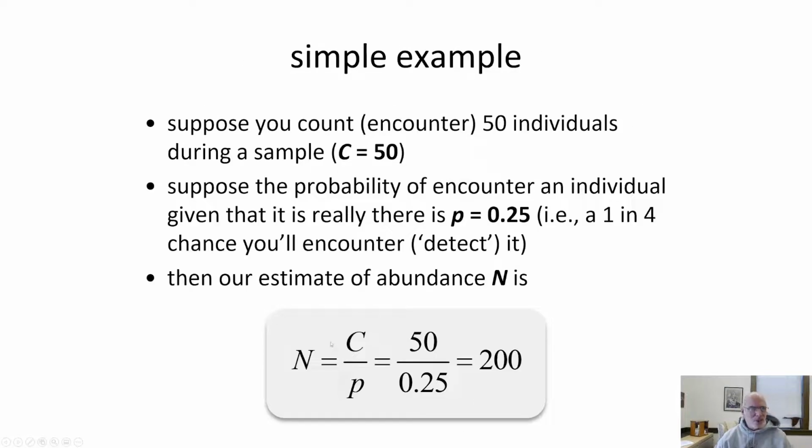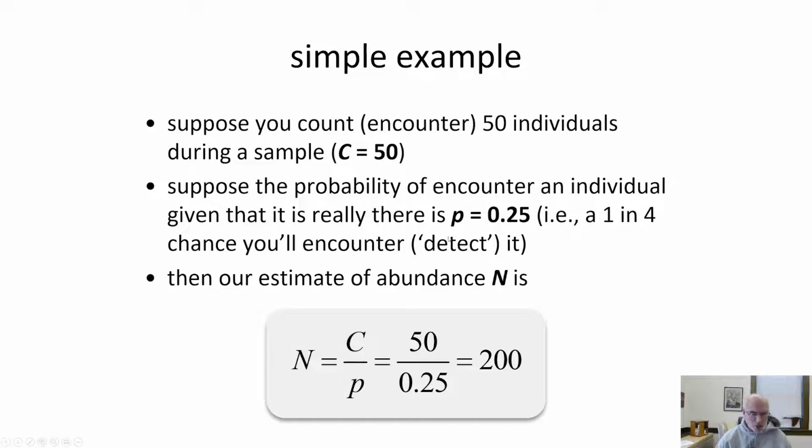So let's consider a really simple, trivial example of this. Suppose you go out and you count 50 individuals during some sample of some population. So the count is 50. Suppose that we know that the probability of the encounter of an individual, given that it's really there, is 0.25. Well, again, what do we mean by 0.25? That means there's a 1 in 4 chance that you'll encounter the animal or detect it. All right.